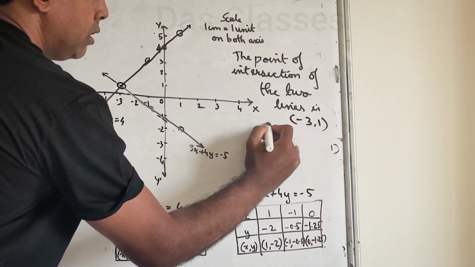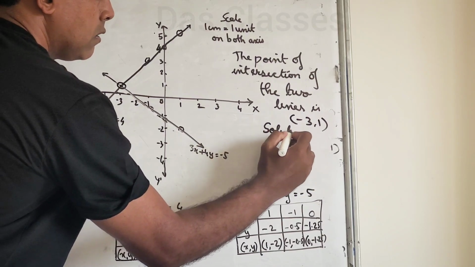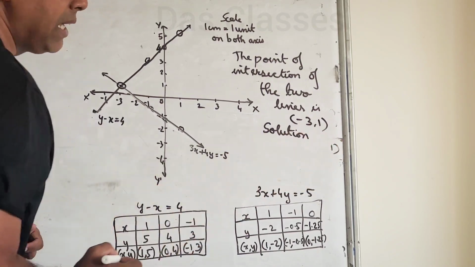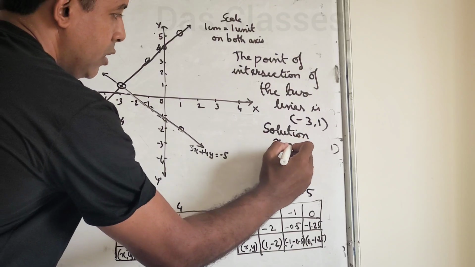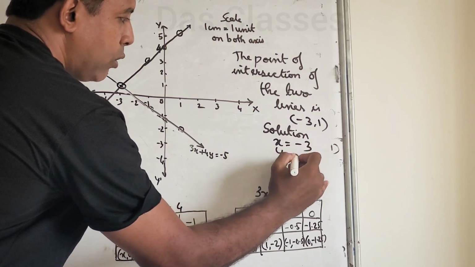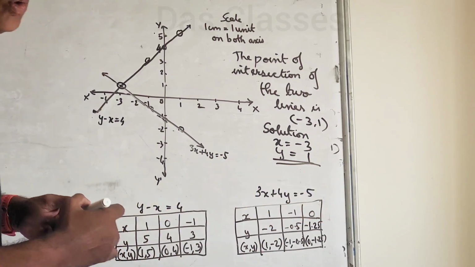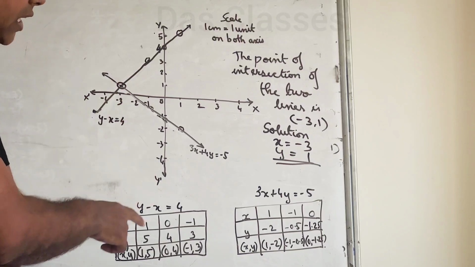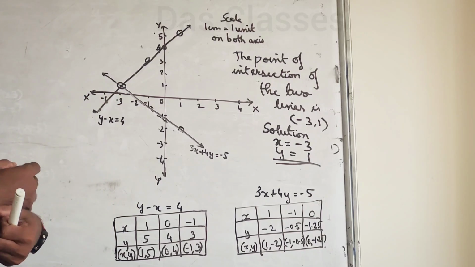So the solution, as you can see, is (minus 3, 1), so x coordinate will be equal to minus 3 and y coordinate would be 1.